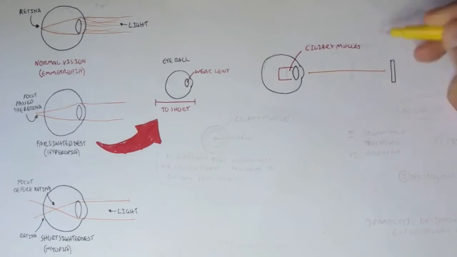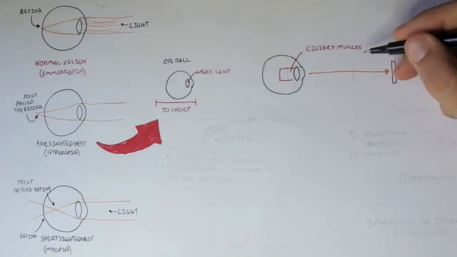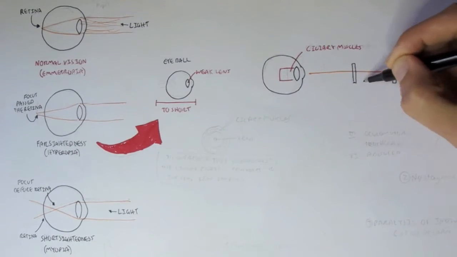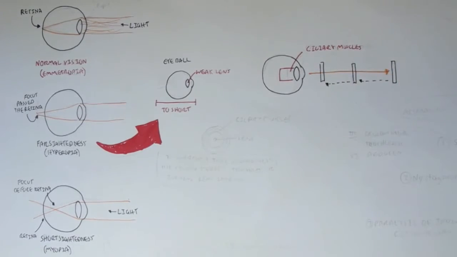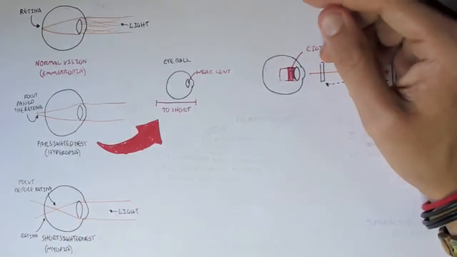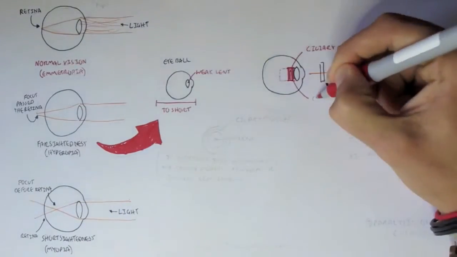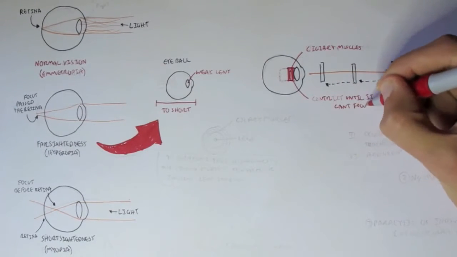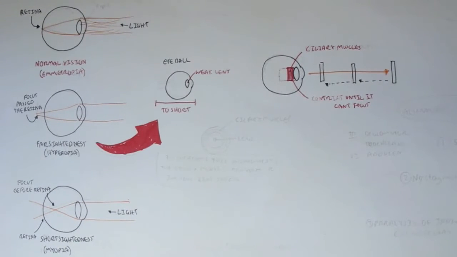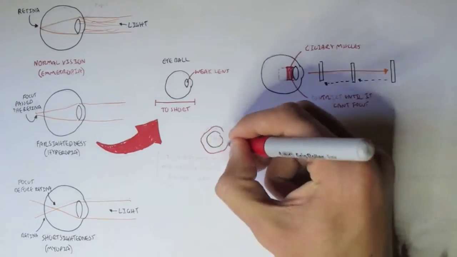An object at a far distance, people with hyperopia can see normally. However, as the objects come closer to the eye, the ciliary muscles will contract to a point where they cannot focus the image anymore. And this is hyperopia. You can't see images close by.